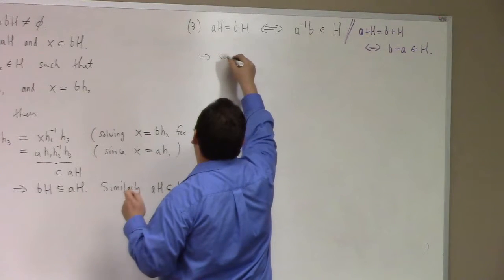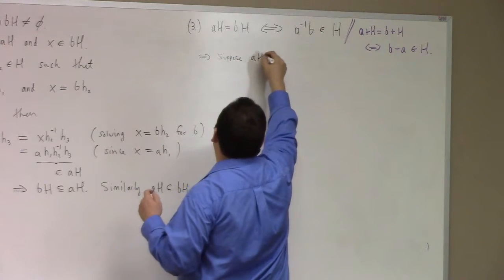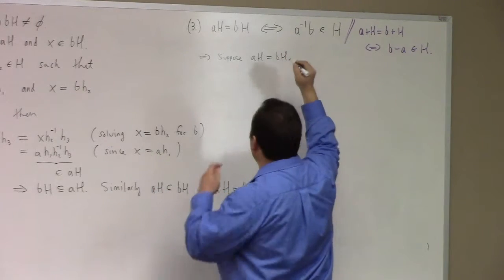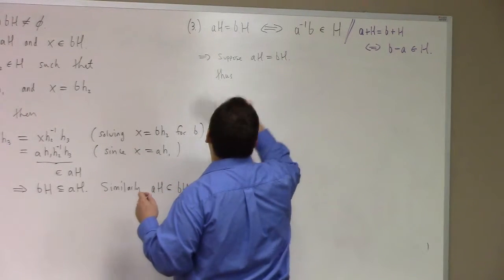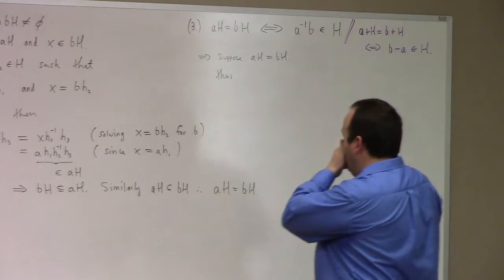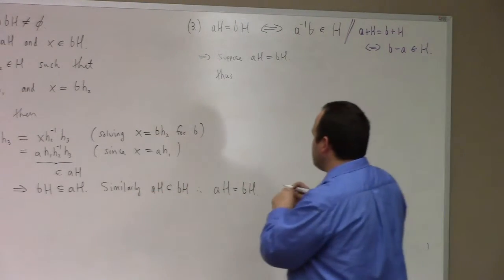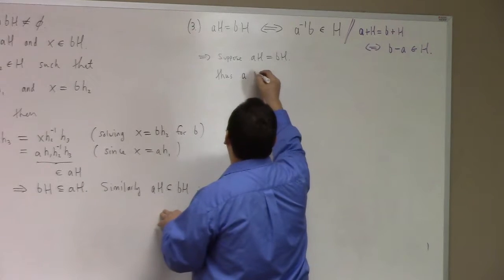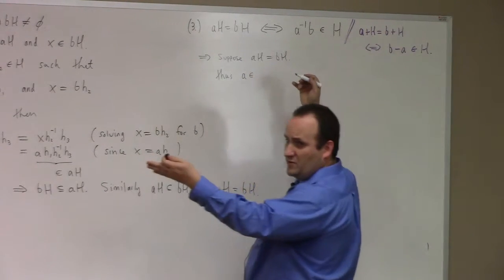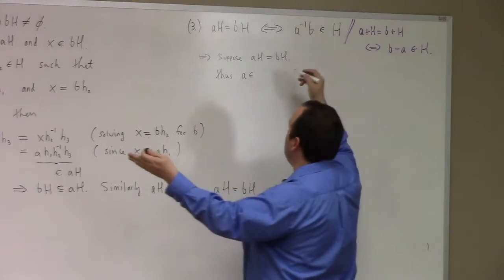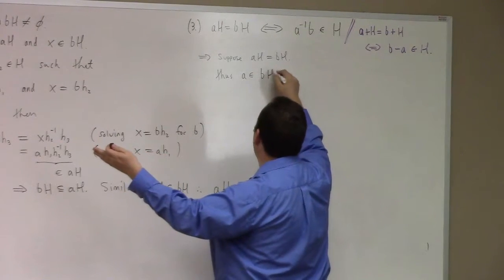Okay, so the proof. Suppose AH is equal to BH, right? Thus, of course, A is an element of AH by our earlier work, right? So that means that A is an element of BH, right?